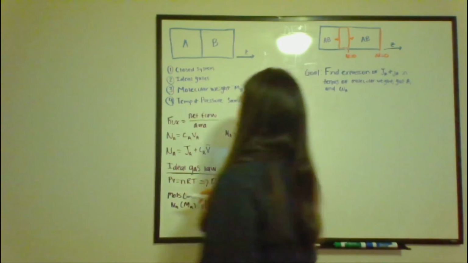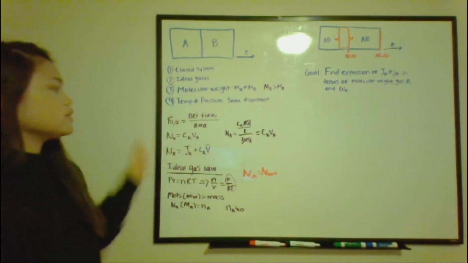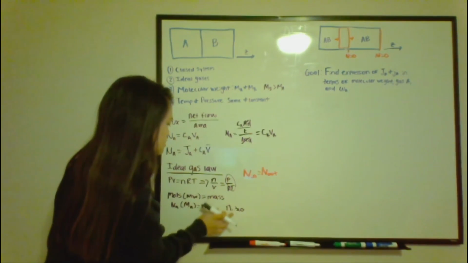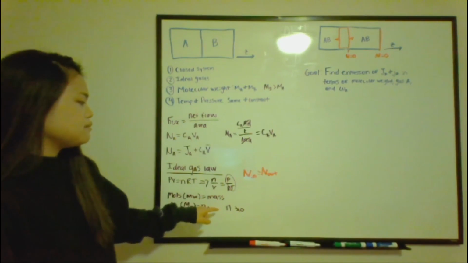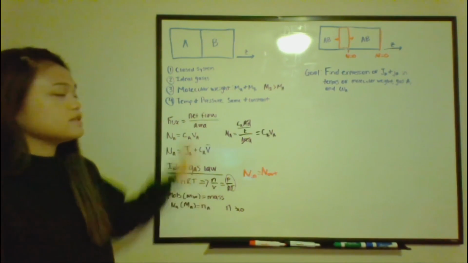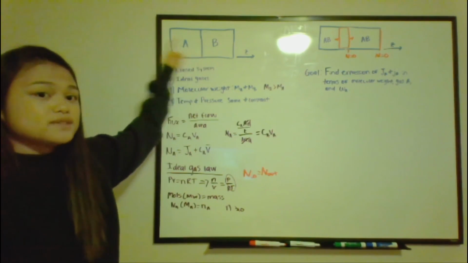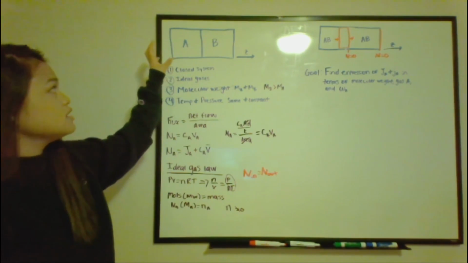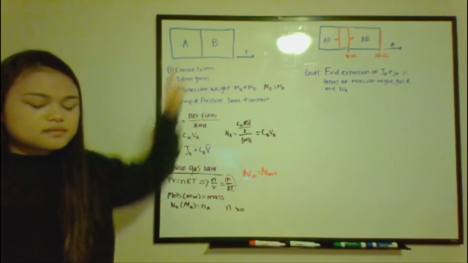So the net mass flux of the system is not going to be 0, because for every B moving in the negative Z direction, it's going to bring more mass than a mole of A moving in the positive Z direction.